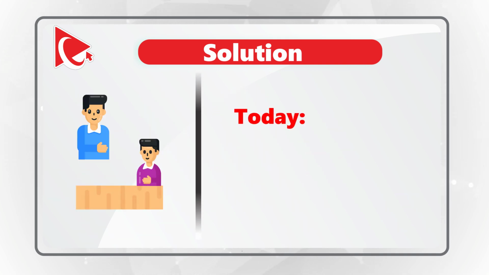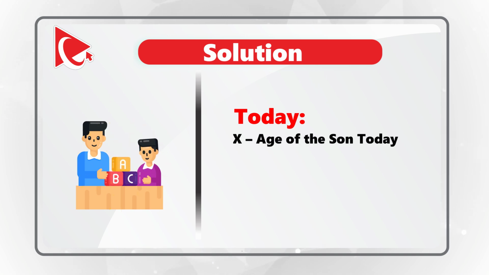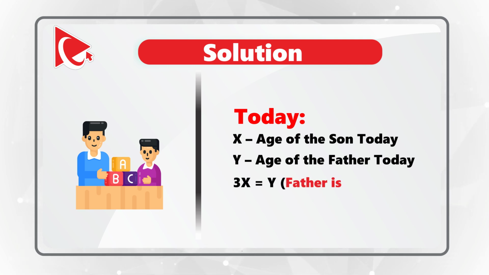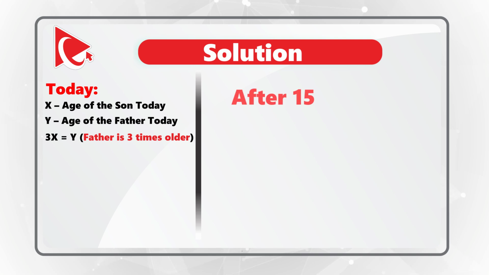Variable x will represent age of the son today, and variable y will represent father's age today. So our first formula is 3x equals y, which indicates that today father is 3 times older than his son. After 15 years, our expression will be different. The new expression will be y equals 2x plus 15.